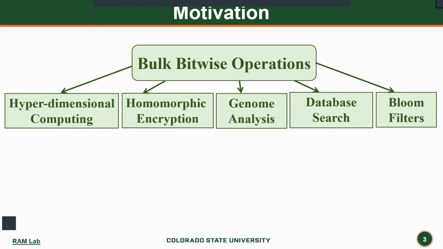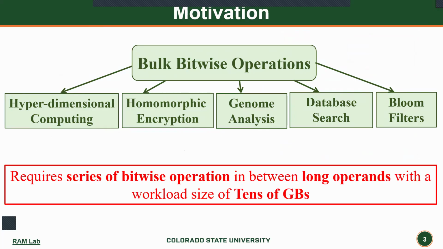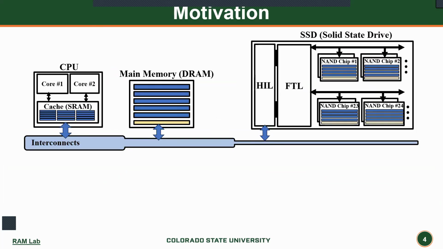So bulk bitwise operations are widely used in different types of applications such as homomorphic encryption, genome analysis, and Bloom filters. But one thing common here is that all of these operations require a series of bitwise operations on long operands with a workload size of tens of GBs.